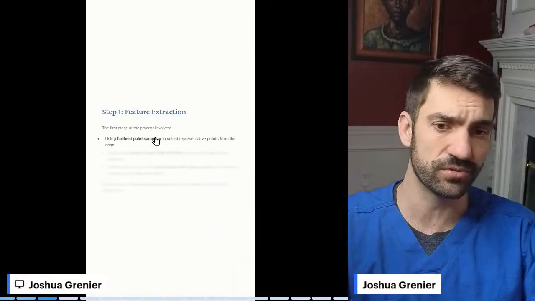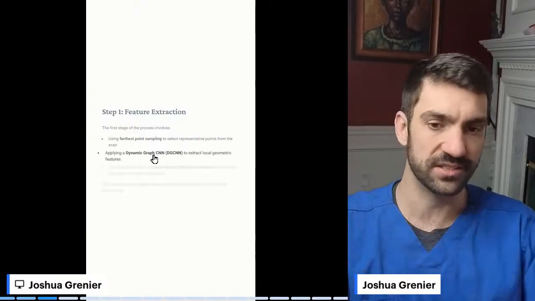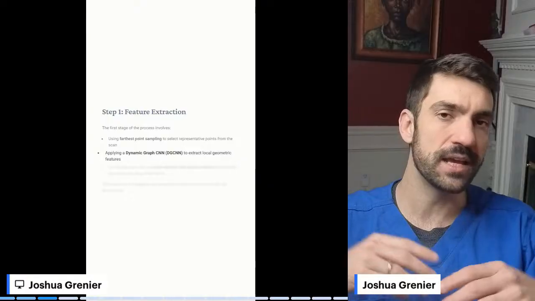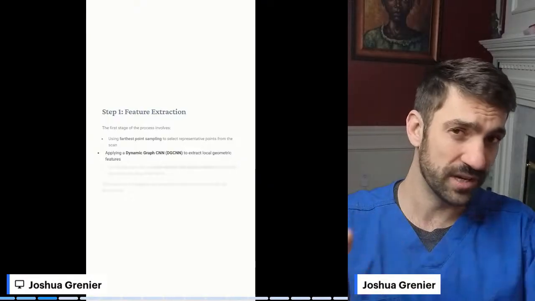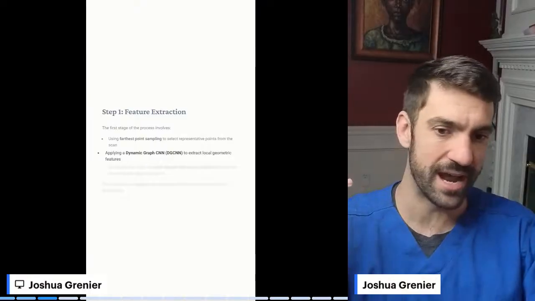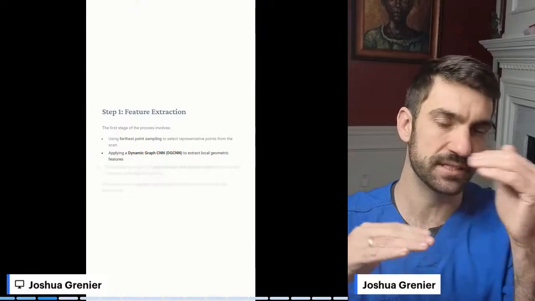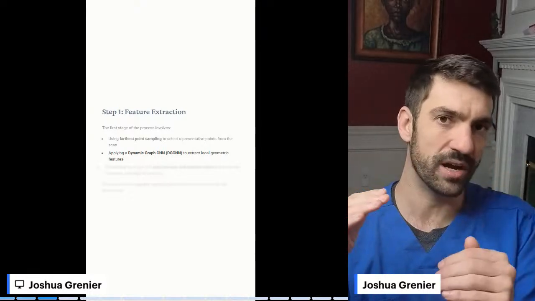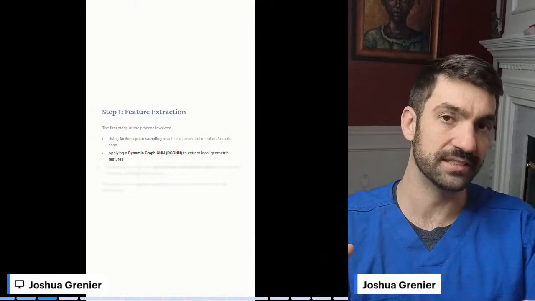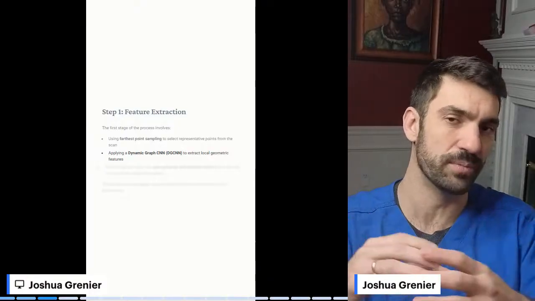The first step is to sort of figure out what's going on. All it sees is a point cloud, and it's able to use some incredibly advanced processes. This is called a dynamic graph convolutional neural network. And what this does is continually and stepwise create, instead of individual points, essentially individual shapes or commonalities.